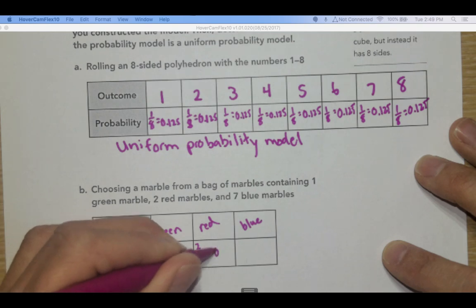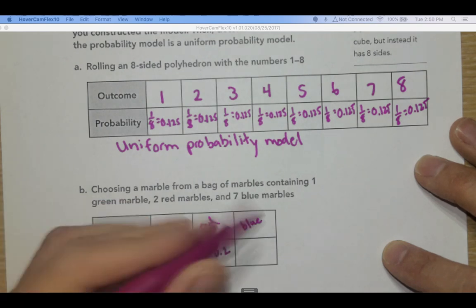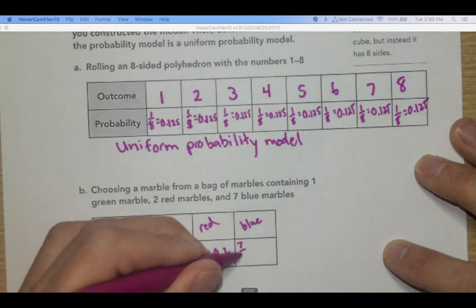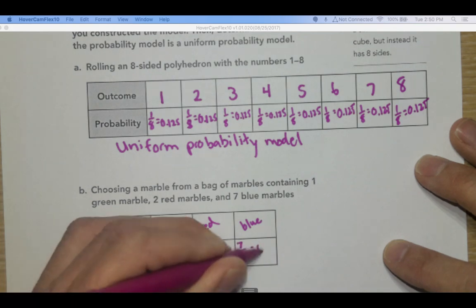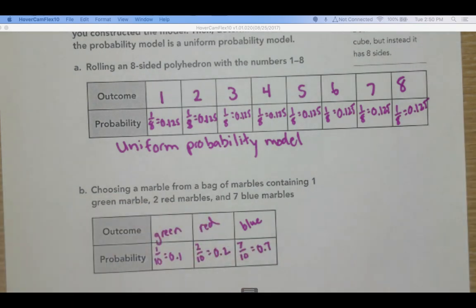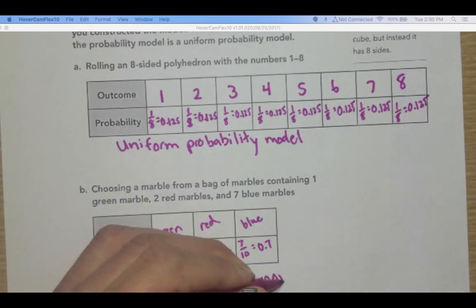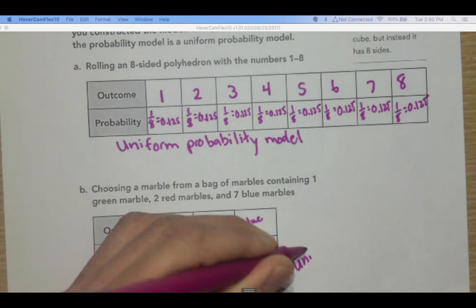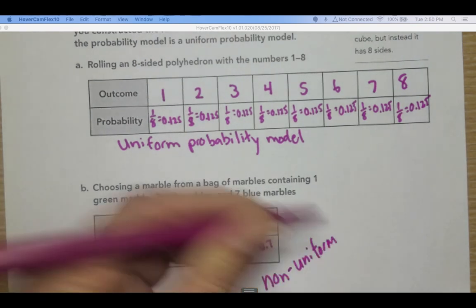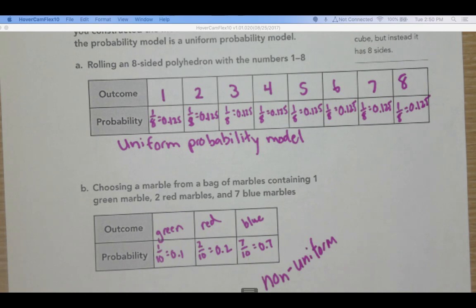Blue would be 7 out of 10. When I look at that, I see that it is definitely not the same for each of those, and so this is a non-uniform probability model.